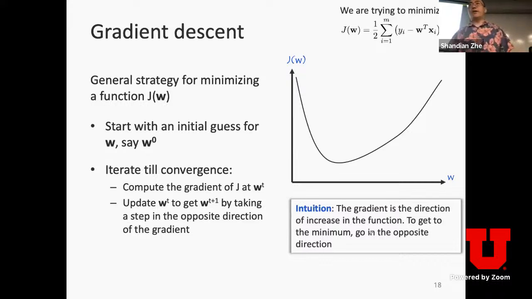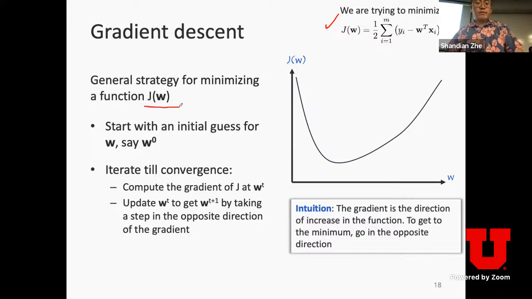As the name suggests, it's a way to optimize model parameters of interest following the gradient's direction, but opposite to the gradient direction. So here's the general strategy.